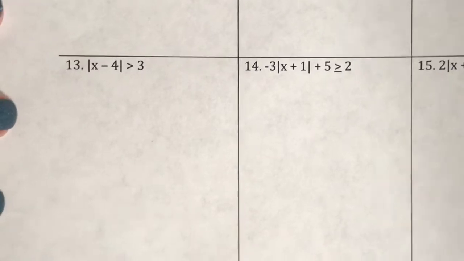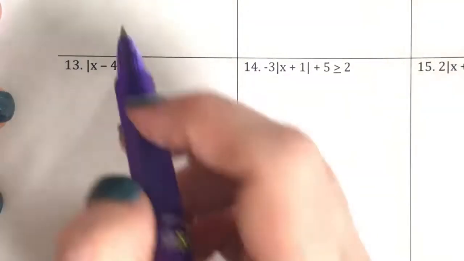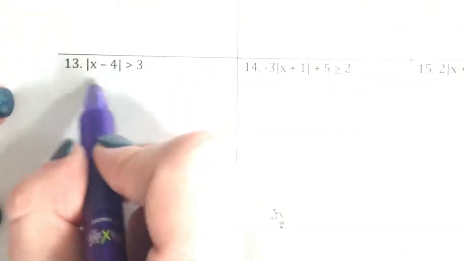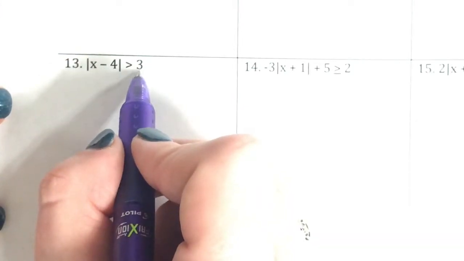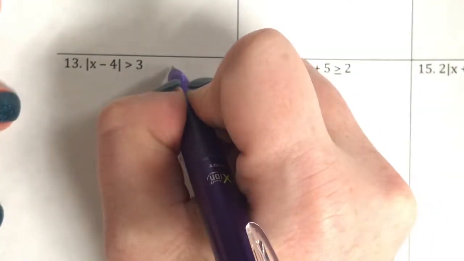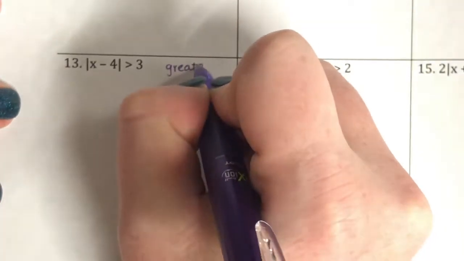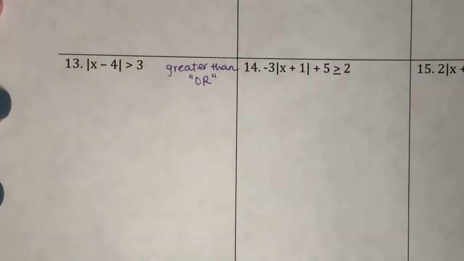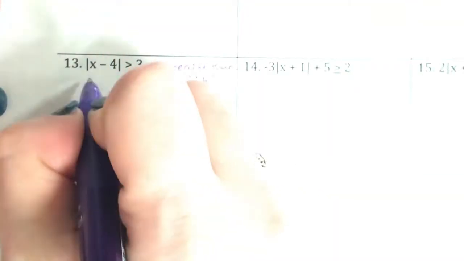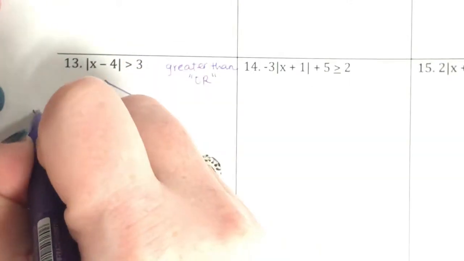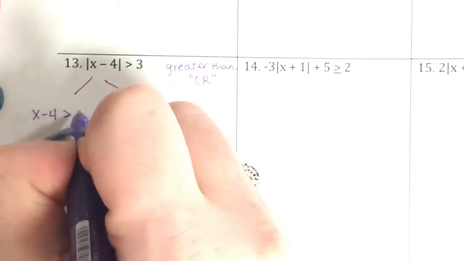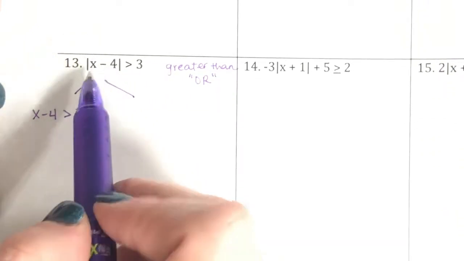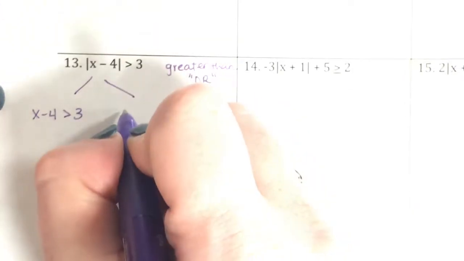Number 13, this is an inequality. We follow basically the same steps. The absolute value is isolated. The 3 is not negative. So since this is greater than, I'm going to use an OR statement. So to split this up, I'll have x minus 4 is greater than 3. So the first one is always identical to the starting problem without the absolute value symbols.